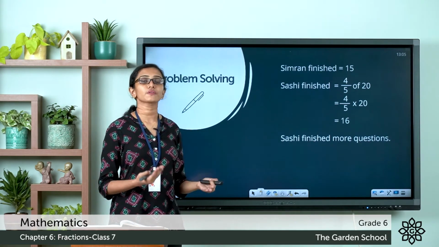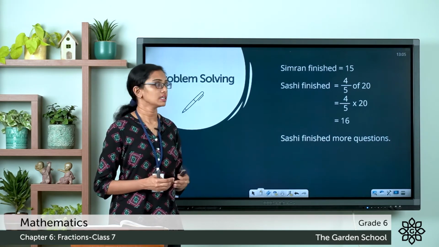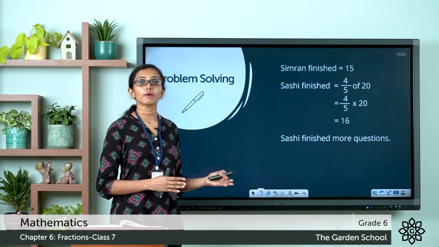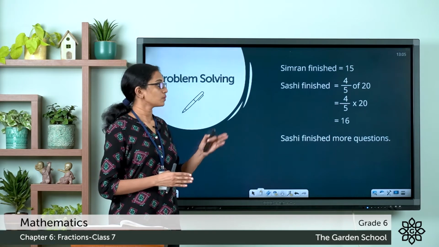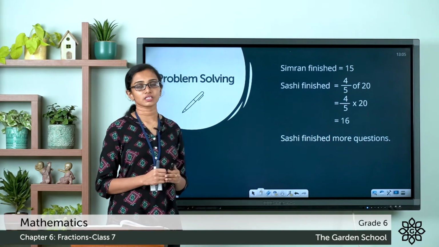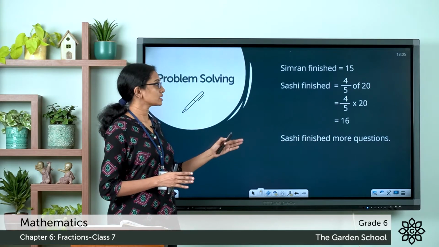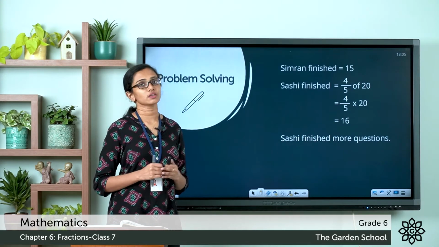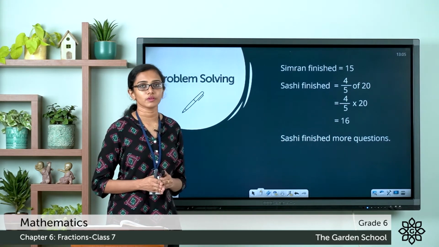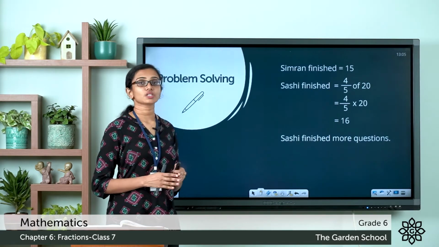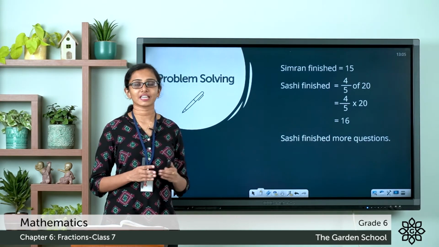So what is 4/5 of 20? That will be equal to 4 by 5 into 20, which gives you the answer 16. So Shashi finished 16 questions, whereas Simran finished only 15 questions. So who finished more number of questions? Shashi finished more questions. So is it clear?